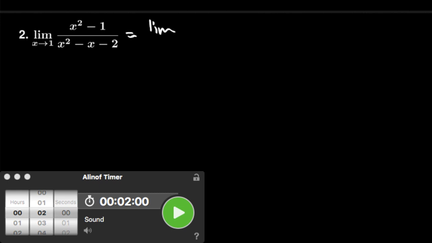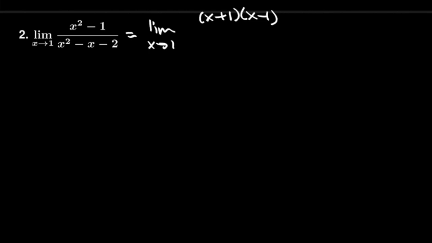Yeah, so you should probably just factor this no matter what, even if direct substitution is going to work, just because you have easily factorable things. So we got that. Actually, let me get rid of the timer just in case for space. Alright, and this is going to be x plus 1 times x minus 2.